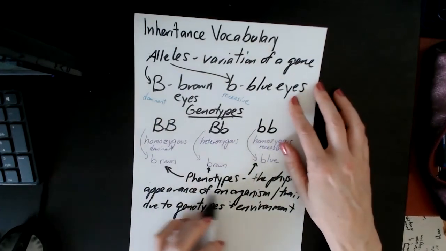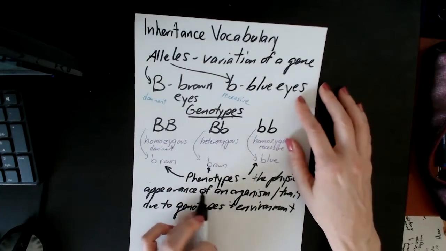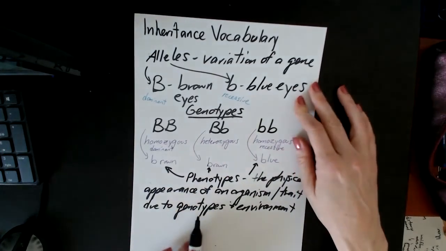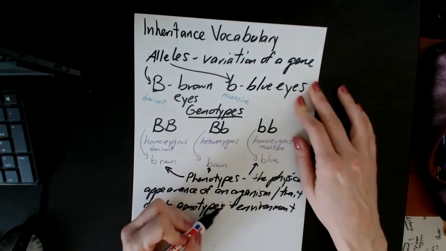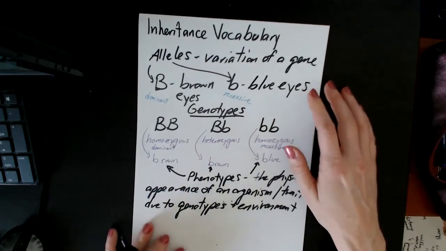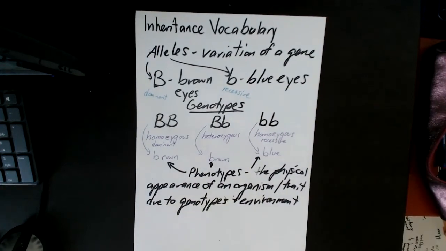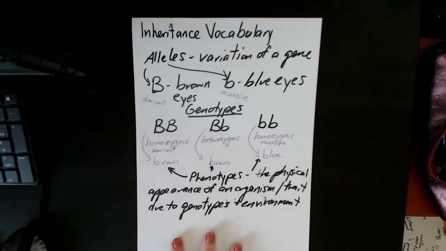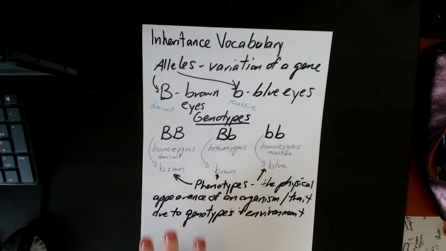So that's a phenotype. How dark your skin is, that's a phenotype. And this is why I said it's due to the genotype and the environment, perhaps the behavior of the organism or the environment that it is within. So this is all really critical vocabulary that you will need in order to understand a lot of the other parts of this section.